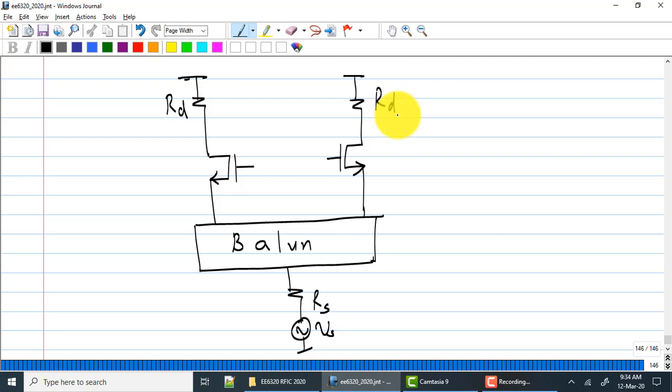So you can put in a transformer, primary connected at these points, secondary connected at these points with the appropriate polarities. Now, we want to avoid the transformer because of large area, etc.